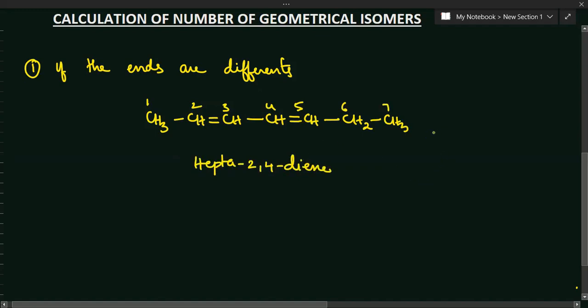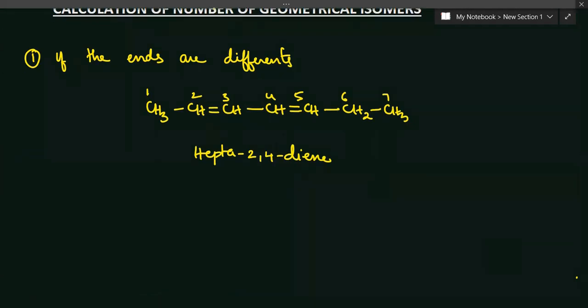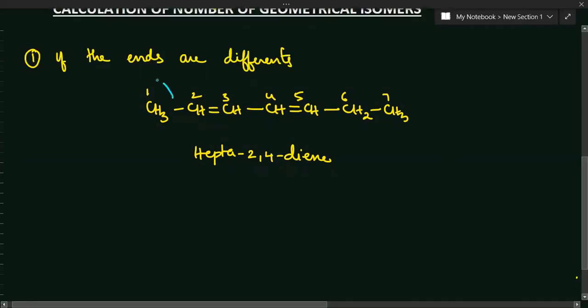So if the question is how many isomers are possible for hepta-2,4-diene, you need to check first whether the ends are the same or different. So on this side there is a methyl group, and on this side there is an ethyl group.